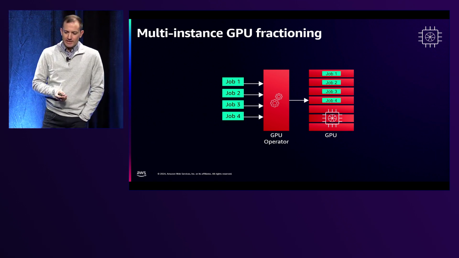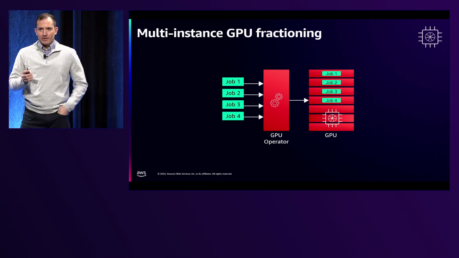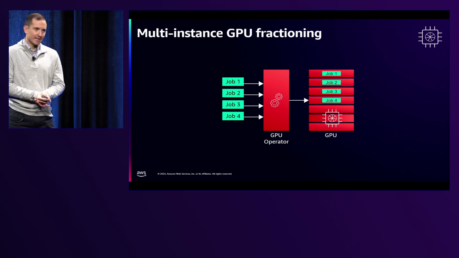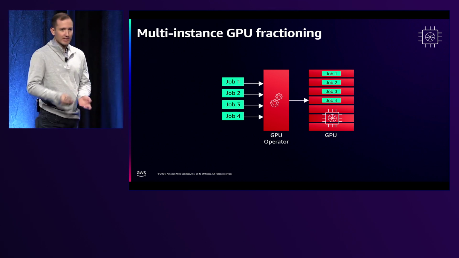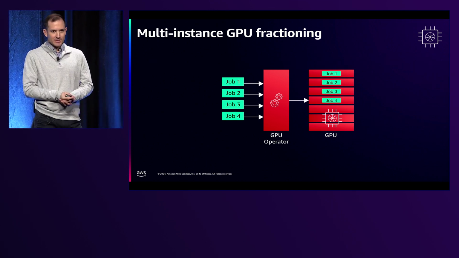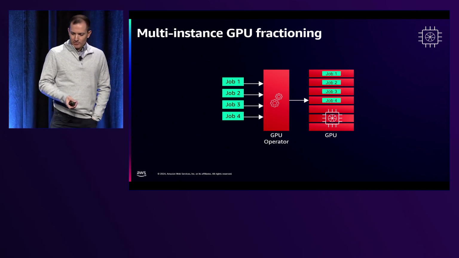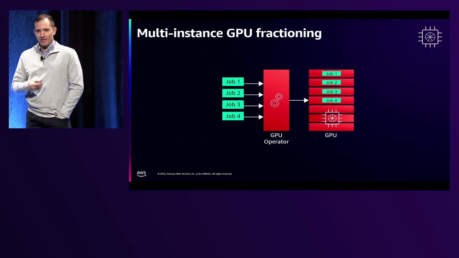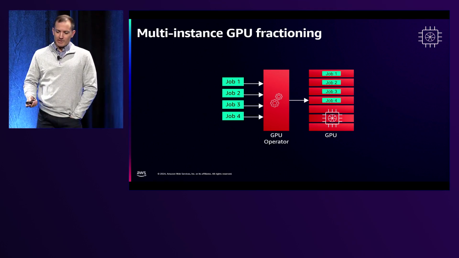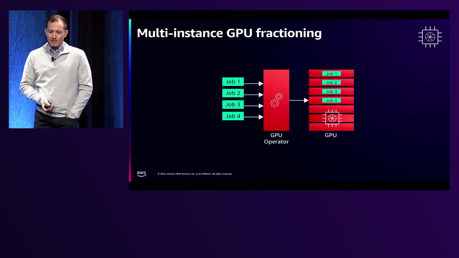The advantage is it allows physical isolation, so you're going to get the same level of performance every time. You get that physical isolation in terms of memory of that GPU, and you can expect the same performance every single time you run that job.